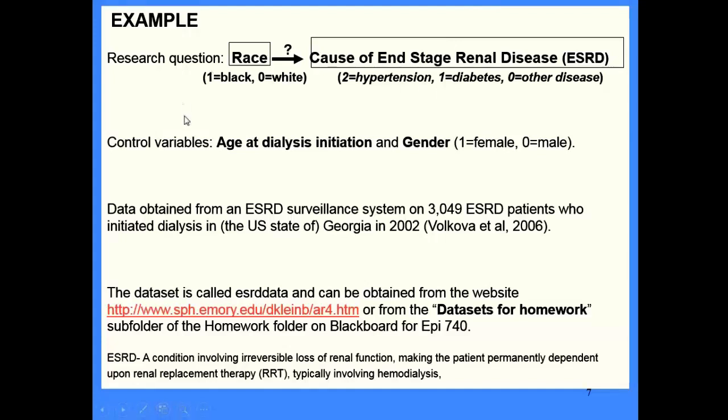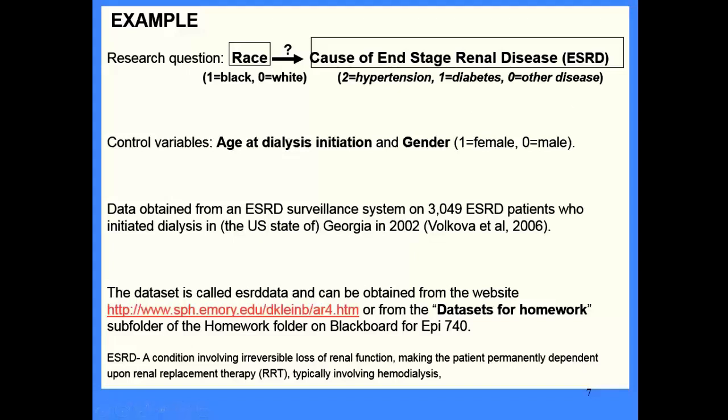The question of interest of the outcome is what the cause of the end-stage renal disease was, and whether the cause was either hypertension, diabetes, or something else. Those are the 3 possible categories.